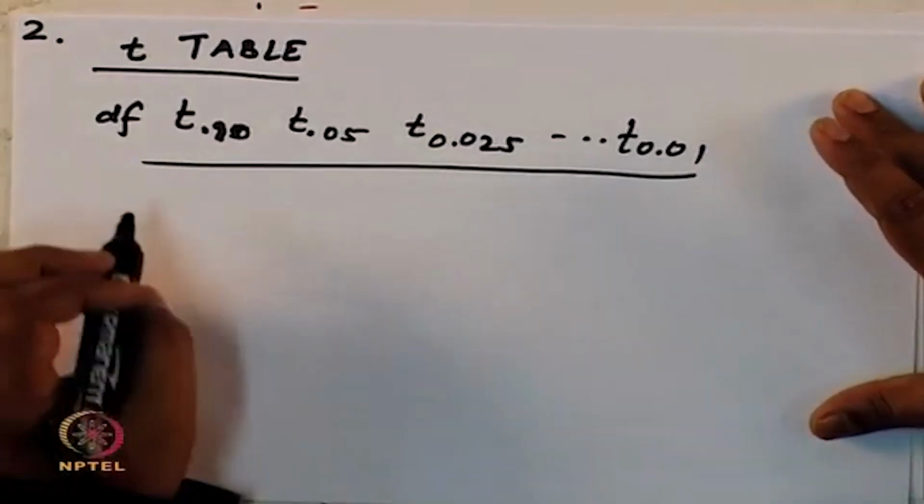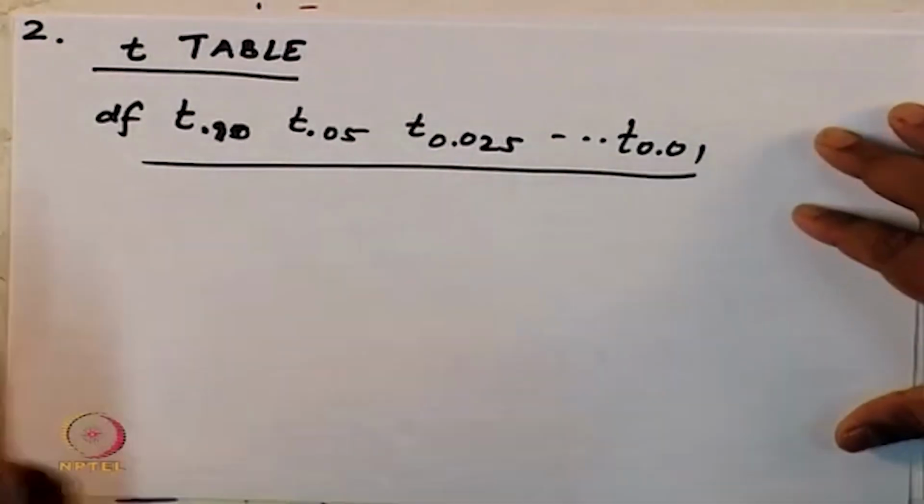The t table actually gives you the area for the upper tail only.